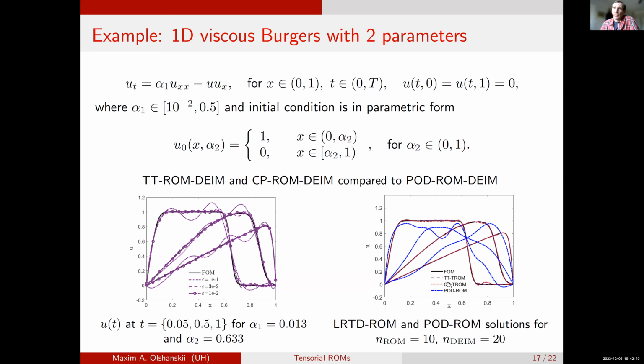With TT-ROM and also with CP-ROM, we are pretty accurate here, and we do tensorization both for the states and for snapshots of the nonlinear terms. So these are our dimensions for the ROM space and for the DEIM space. All right, let me.